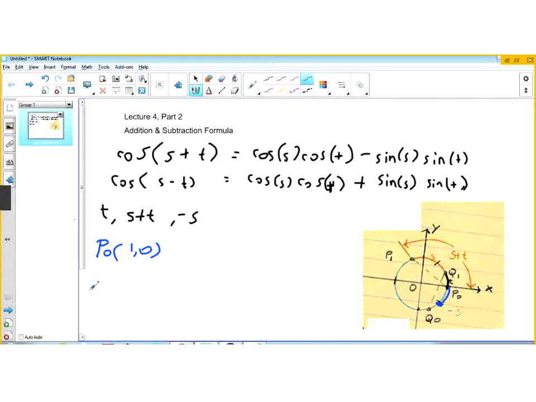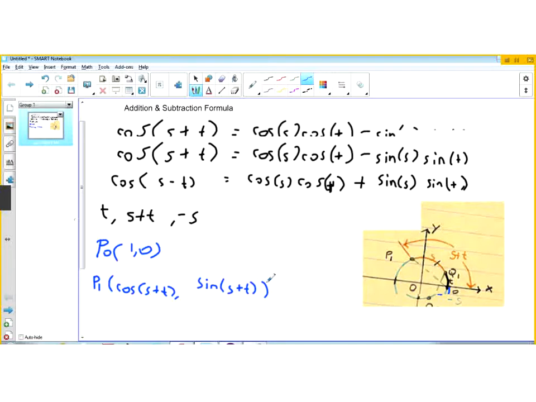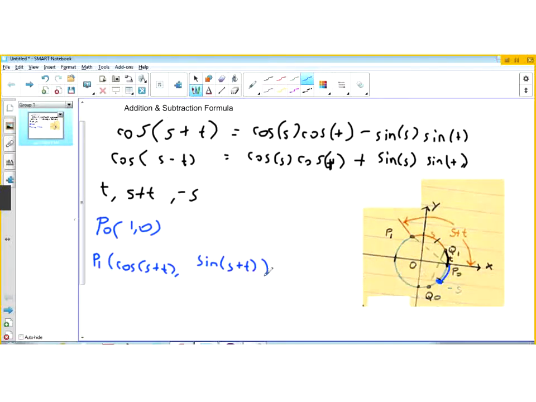And point P1, we know that the abscissa of point P1 would be the cosine of s plus t, and that's by definition. And the ordinate of point P1 would be the sine of s plus t. All right, so that's obvious.